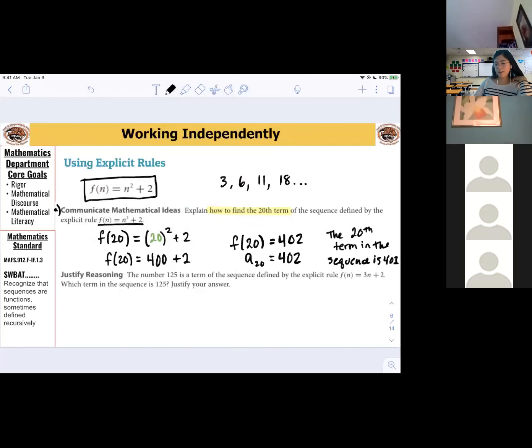So this pattern is going to keep going and going, and eventually the 20th number in that pattern is going to be 402. And then it keeps going after that. So any final questions on how to find a term, how to evaluate a sequence?